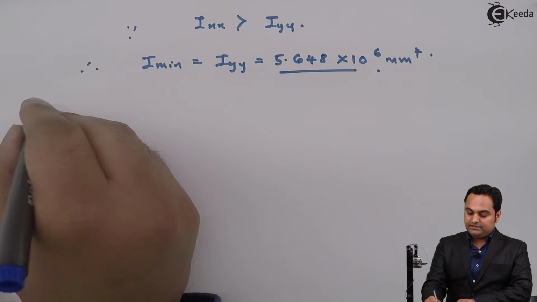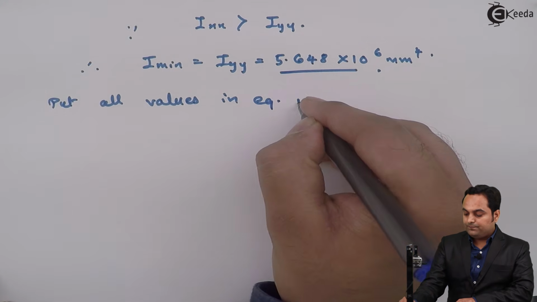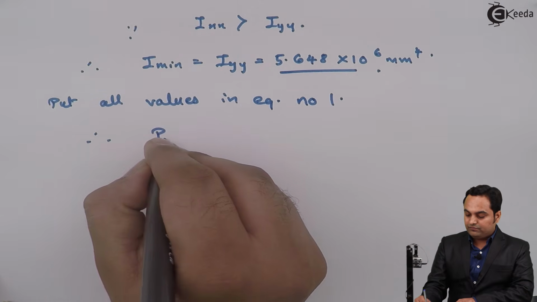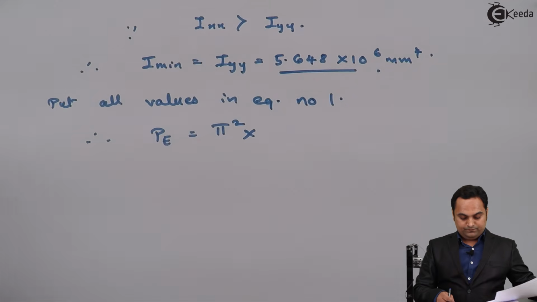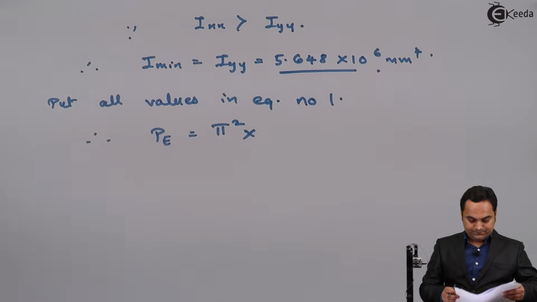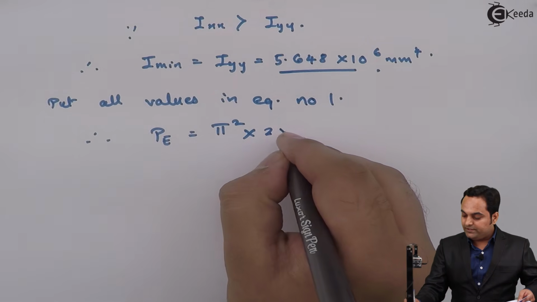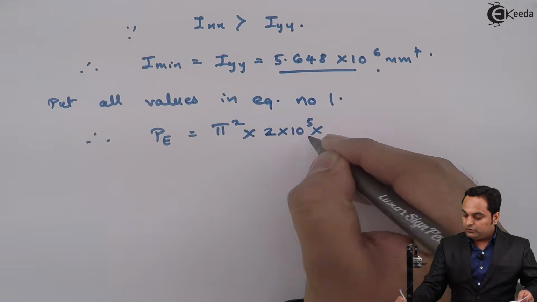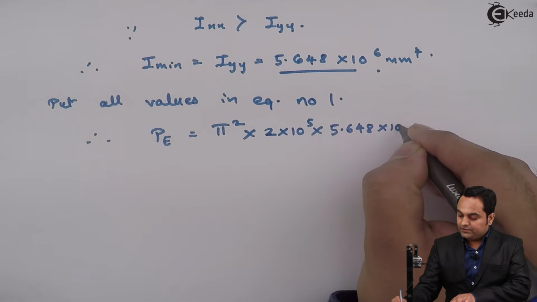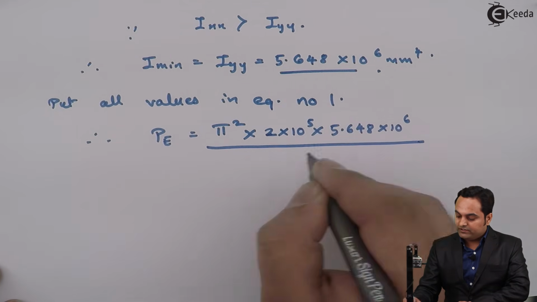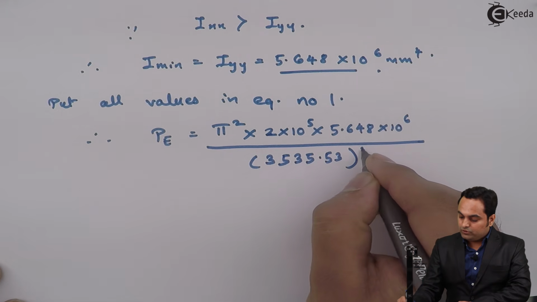Now after getting this, I'll say that put all values in equation number 1. So we have in equation 1 Euler's load as pi square into E, and E value is given in the question as 2 into 10 raised to 5, so pi square into 2 into 10 raised to 5 into I minimum, which is 5.648 into 10 raised to 6, upon effective length square, effective length 3535.53 whole square.